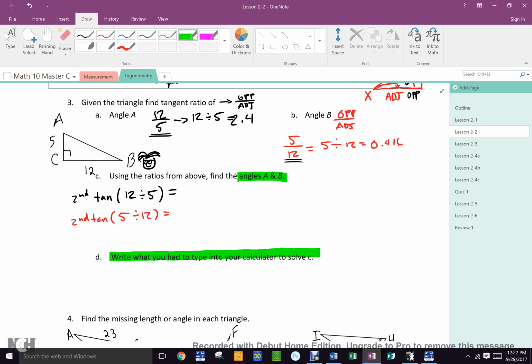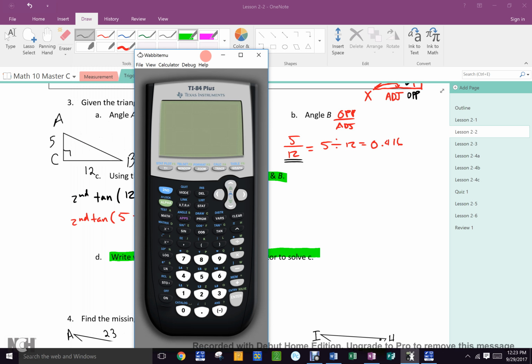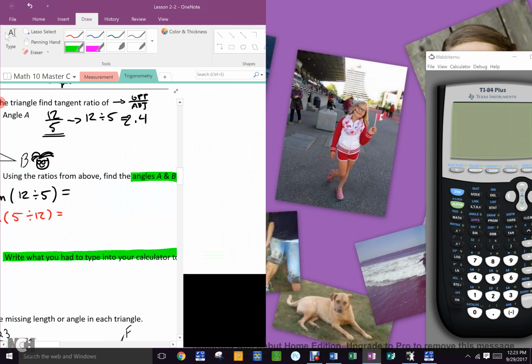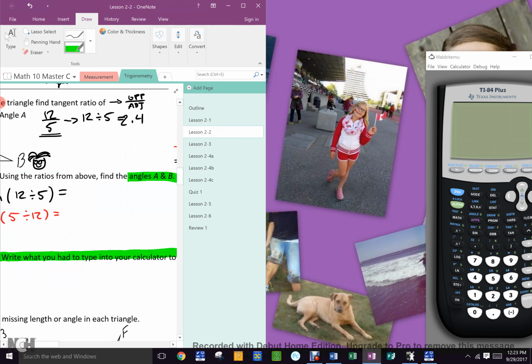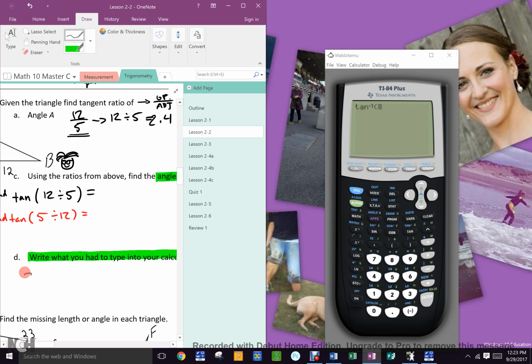On my calculator, which I'm going to show you right here, I need to push second, tan, second, tan. Now, do I need to push the first bracket?